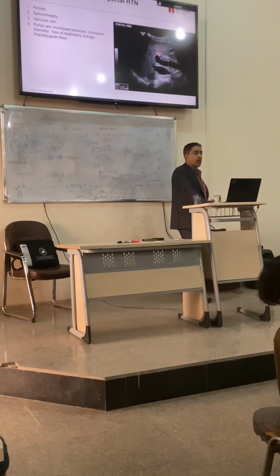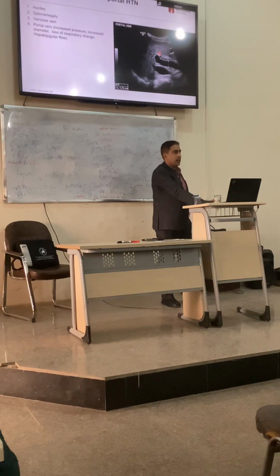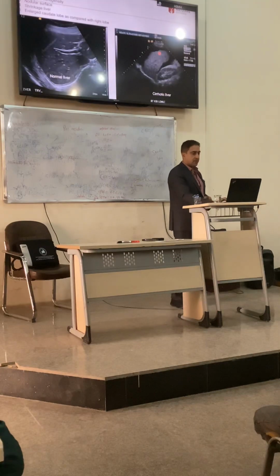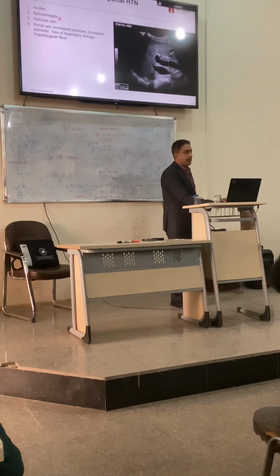In addition, we have sonographic evidence of portal hypertension. You will find ascites in the patient. Like this patient, there is ascites. This is the black area, all surrounded by ascites, Morrison pouch, and this is all ascites. So ascites, splenomegaly.